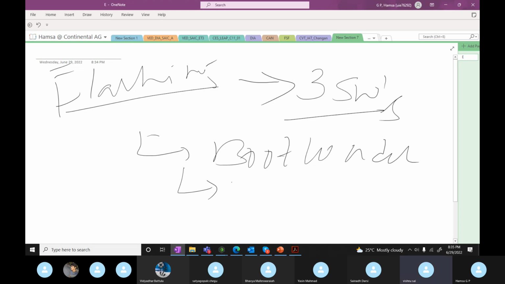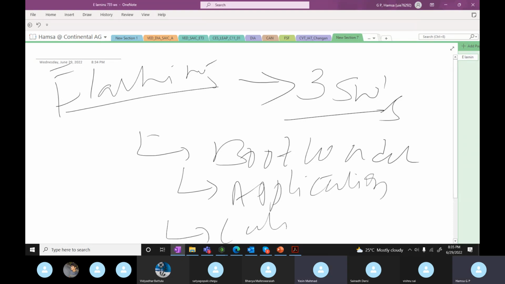One is the bootloader, then the application, and then the last one is calibration. The bootloader is developed by the bootloader developer.